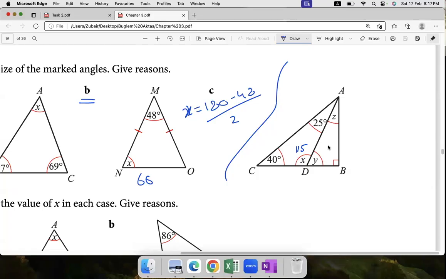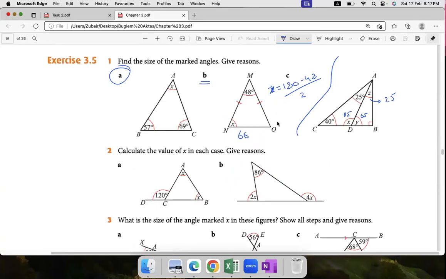Okay, Y is 65, correct? And Z is 25? Very good.